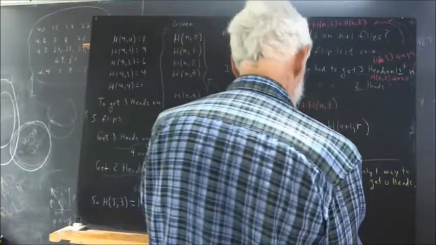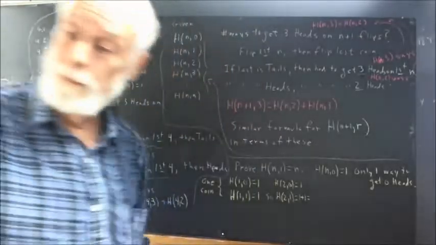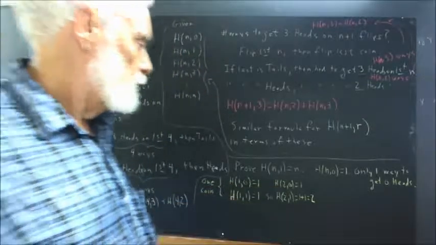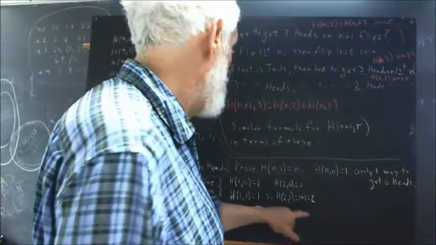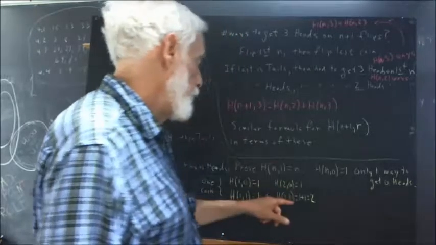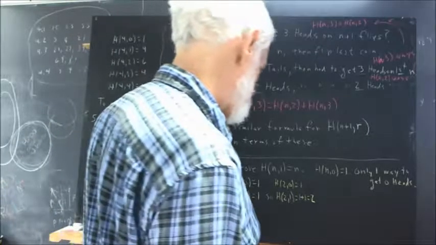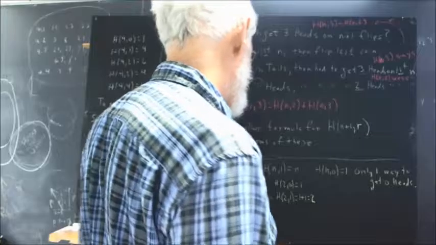We know very well that 1 and 1 is 2, not 0. Okay, so we know that h of 2,1 is 2. There are 2 ways to get 1 head when flipping 2 coins. And then there's 1 way to get no heads when flipping 2 coins.